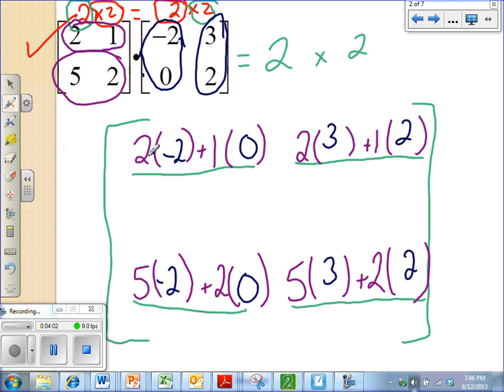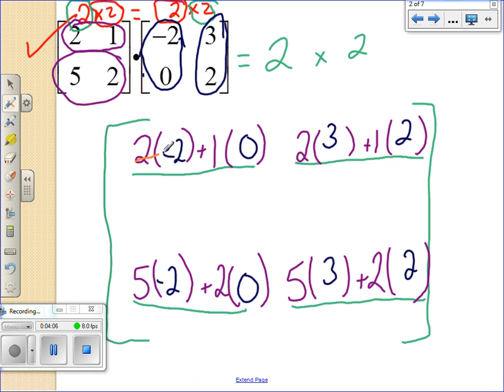So -2 times -2 is 4. 1 times 0 is 0. Okay? So 4 plus 0 is equal to 4. 2 times 3 is 6, plus 1 times 2, which is 2, which means that entry will be 8.